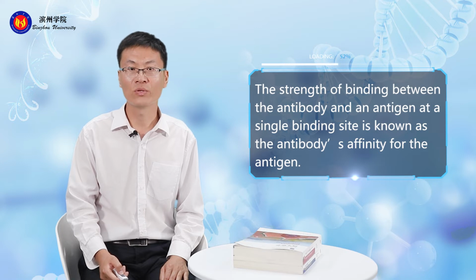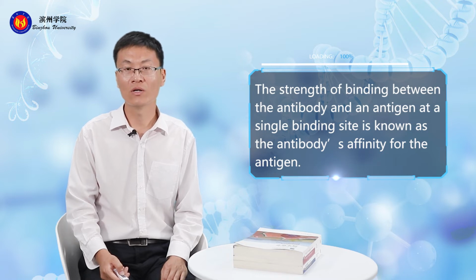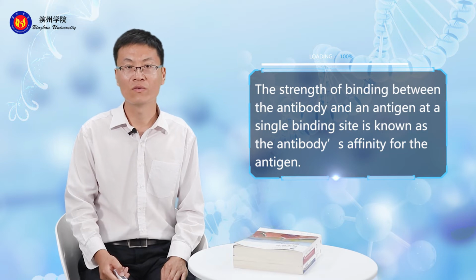Antibodies combine chemically with substances which the body recognizes as alien, such as bacteria, virus, and foreign substances in the blood. The strength of binding between the antibody and the antigen at a single binding site is known as the antibody's affinity for the antigen.